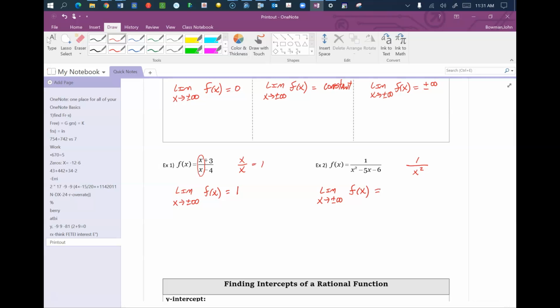So all you have to do is think about making x get very, very large. 1 over x squared is going to get very, very small. So our end behavior is not infinity like I wrote down, it's 0. In other words, as x goes towards positive infinity, y goes towards 0. As x goes towards negative infinity, y goes towards 0.